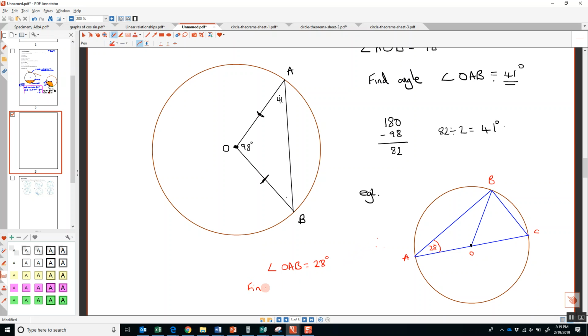Let's say find. There are actually 2 ways that you can do this, but let's just do it the way that we've been doing it. A, C, B. So I'm after this angle.